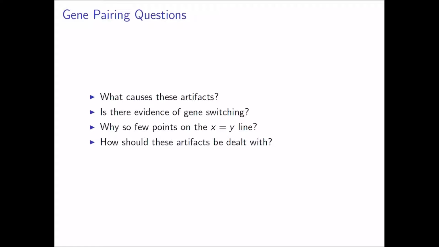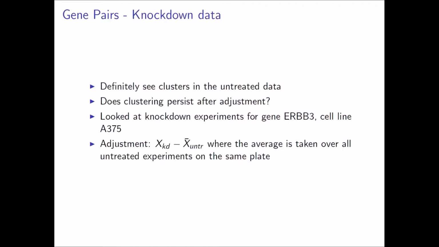In cases where you have the mirrored clusters right around the x equals y line, why are there so few points on that line if it's supposedly a single cluster? And then what do we do with that? Do we ignore it? Do we decide some experiments are just bad and throw those out? What's the best way to handle that in order to make the subsequent analyses better?